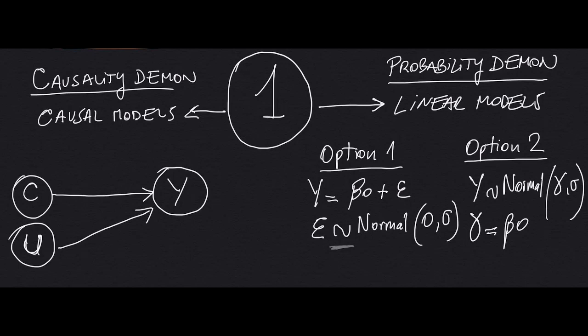So epsilon follows a distribution, and then we say what distribution is that? It's the normal distribution, and that normal distribution has a mean, which is 0, and a standard deviation which we call sigma.